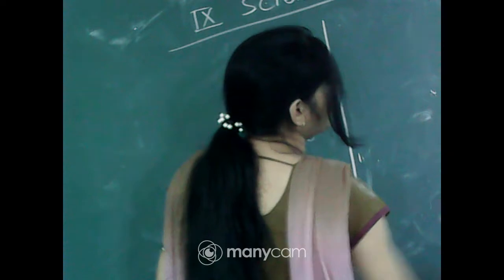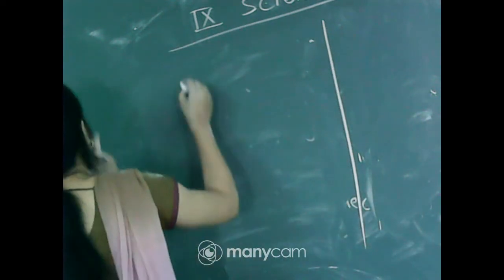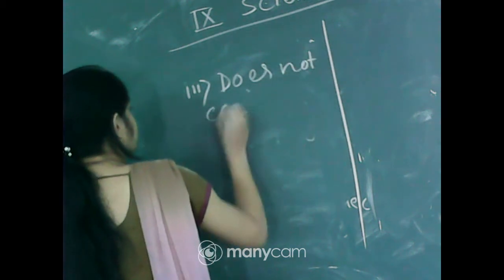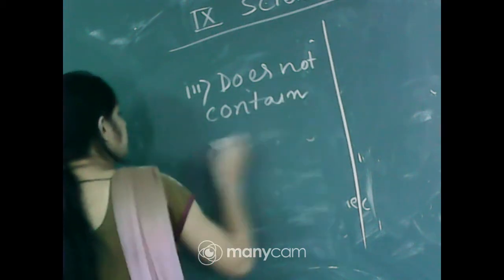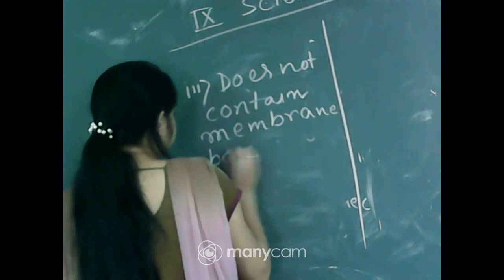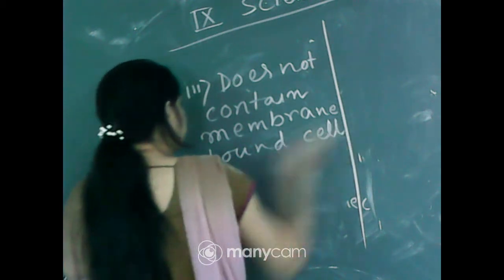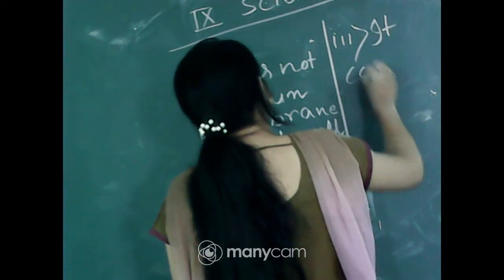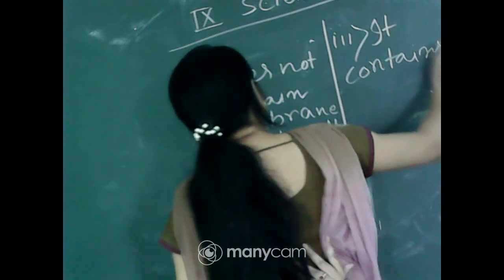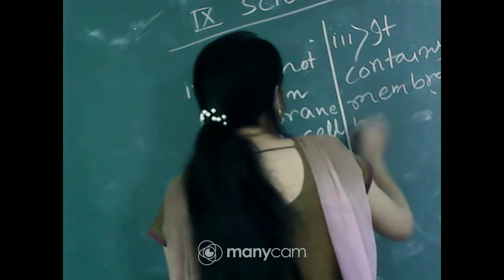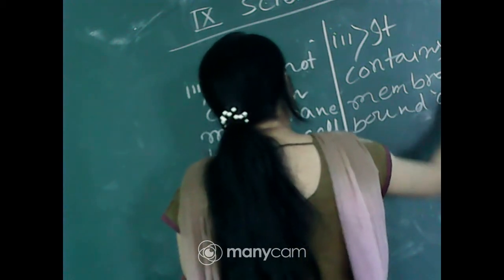A prokaryotic cell does not contain any type of membrane bound cell organelles, whereas a eukaryotic cell contains membrane bound cell organelles.